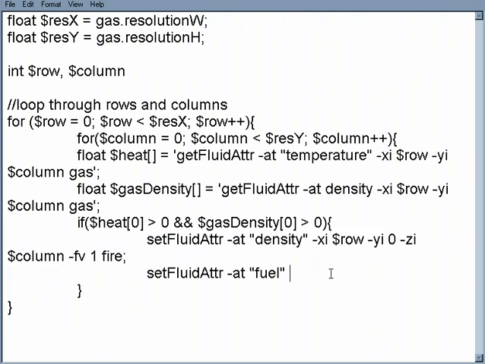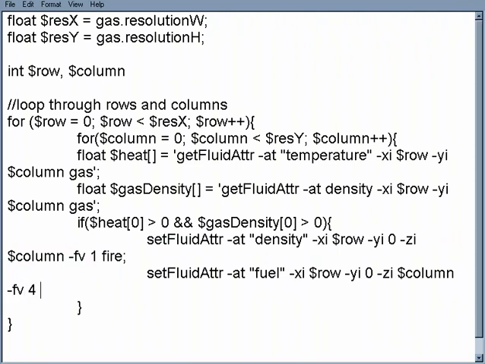So rather than having to retype all that in, I'm just going to use that all over. So attribute fuel, X index, whatever row you're on, Y index 0, so that it winds up at the bottom of the container, and a Z index of whatever column you happen to be at. And we'll tell it to add a float value of 4 to the fire fluid container.